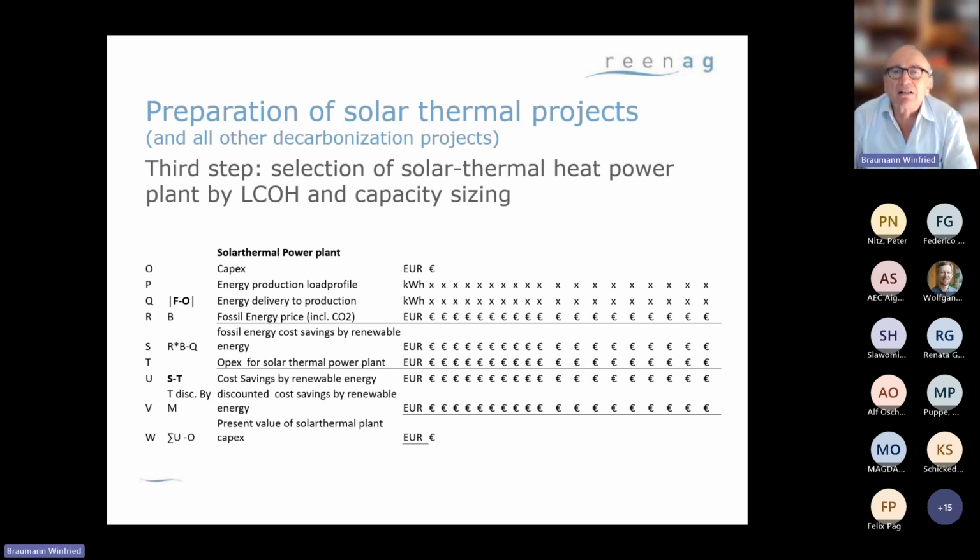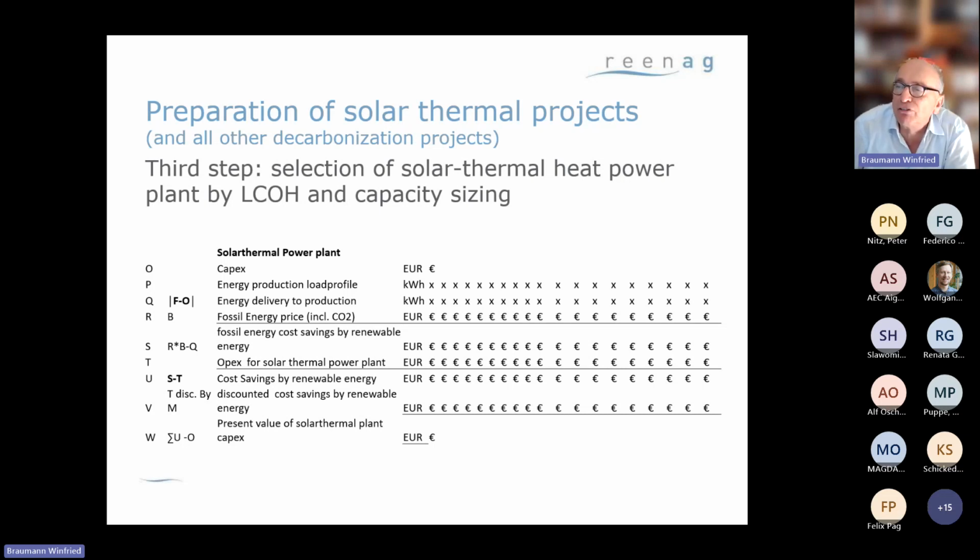This then means, of course, looking maybe briefly again at our chart, we have certain CapEx minus subsidies. We have from this kind of optimization process to select a solar thermal heat power energy production load profile.